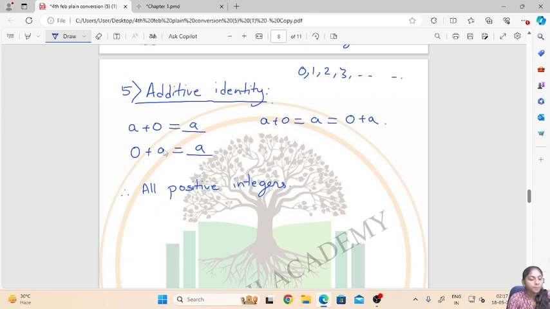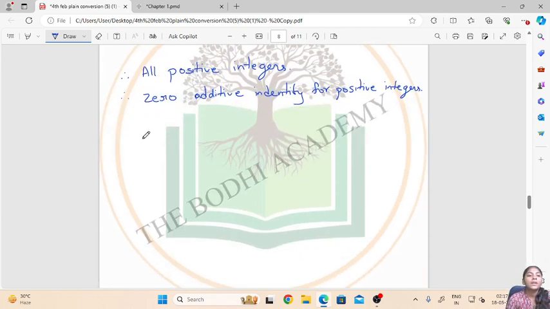So therefore we can also say that 0 is the additive identity for positive integers, because all these positive integers are included in the whole numbers. Now let us see if 0 is the additive identity also for negative integers.